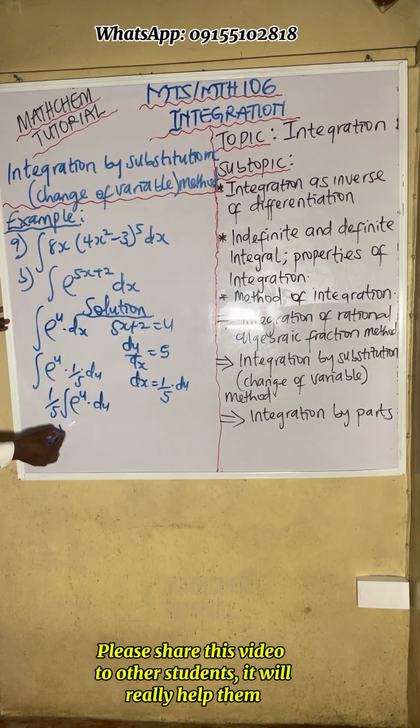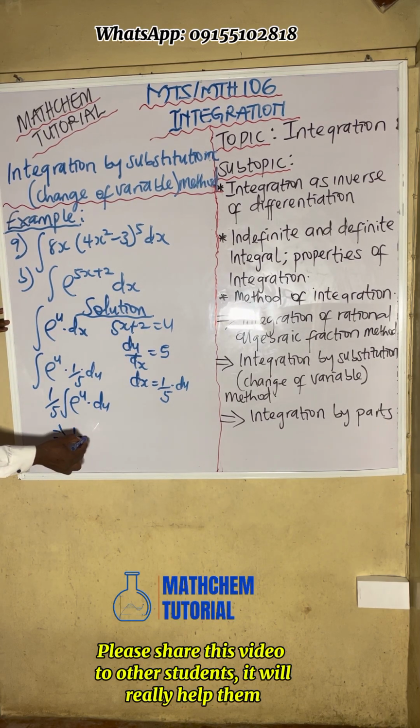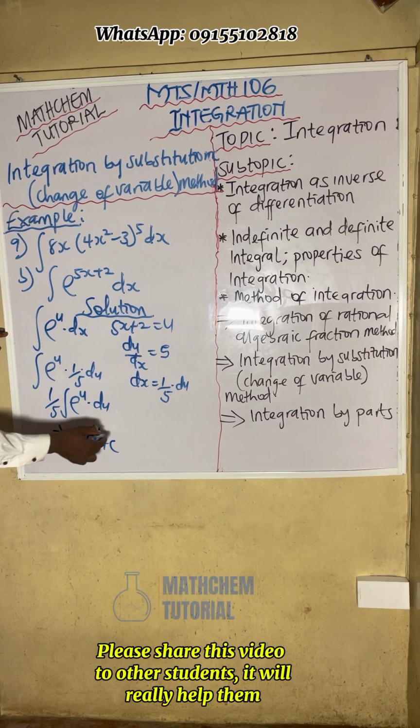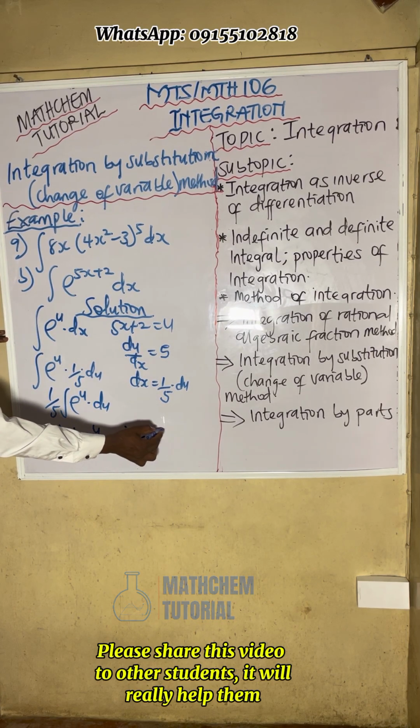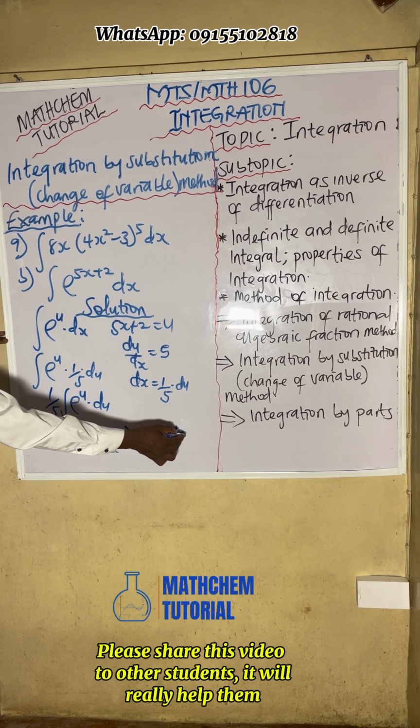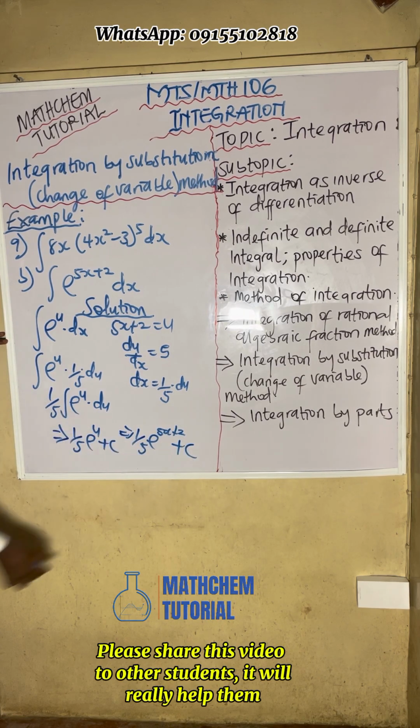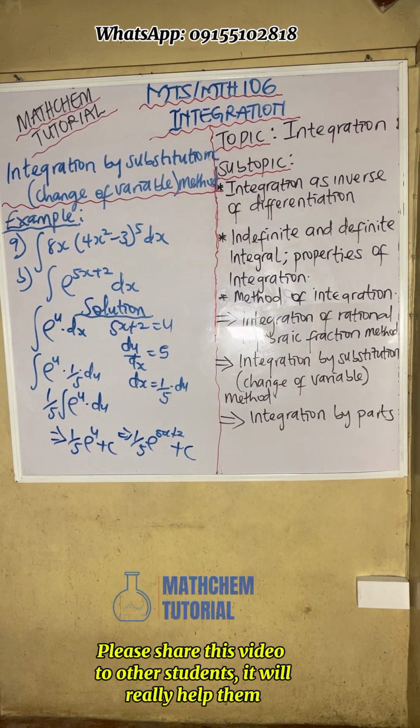So our answer is going to be 1 over 5 e^u plus c. And then what is u? u is 5x plus 2. So finally you have 1 over 5 e^(5x plus 2), then everything plus c. So that's the answer I need to have.